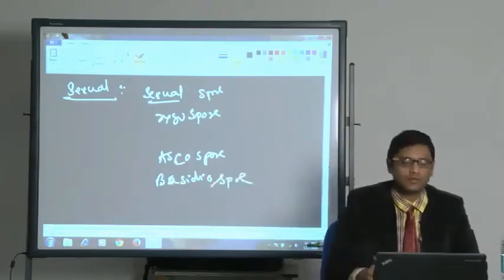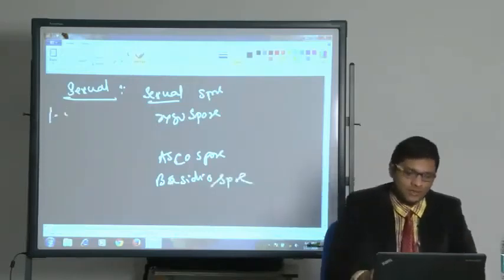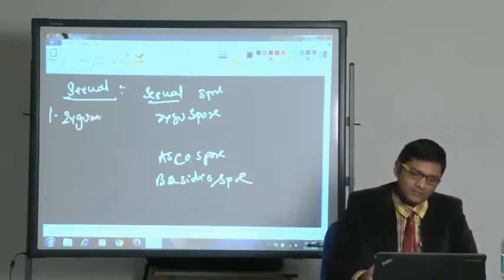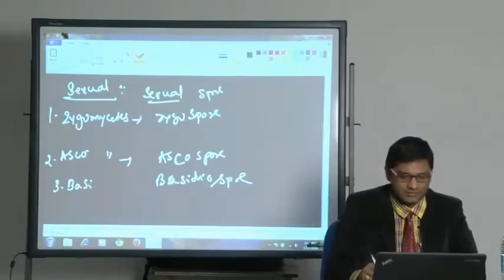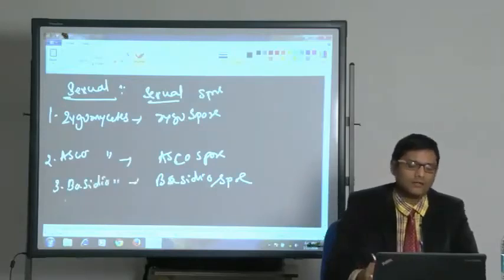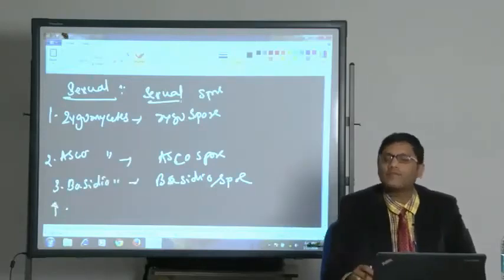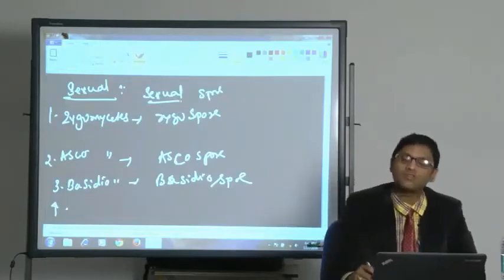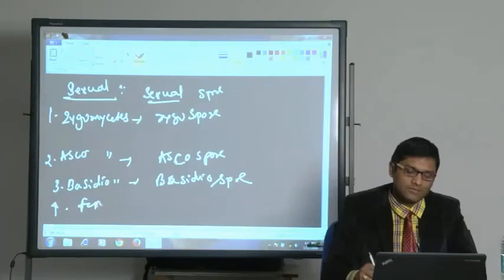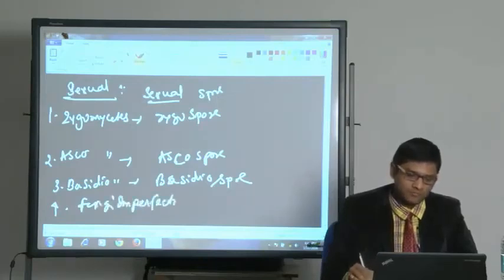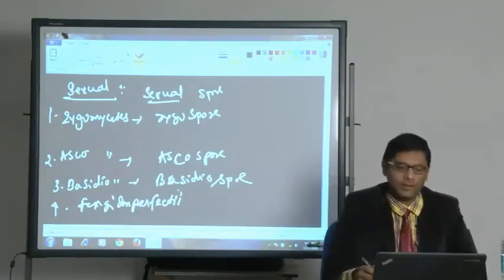Accordingly, the groups are Zygomycetes, Ascomycetes, Basidiomycetes, and the fungi where the sexual spore is not identified yet, that group is called fungi imperfecti.